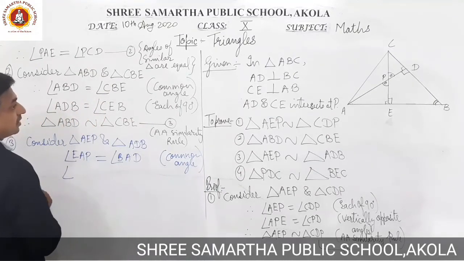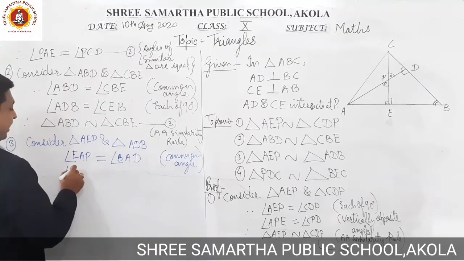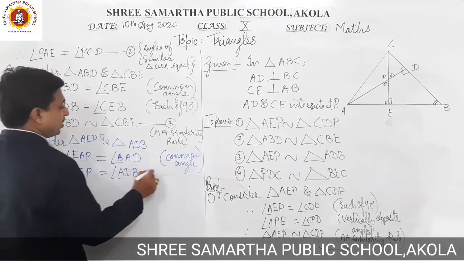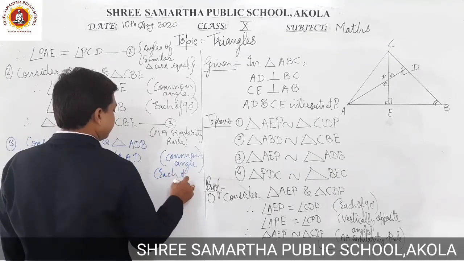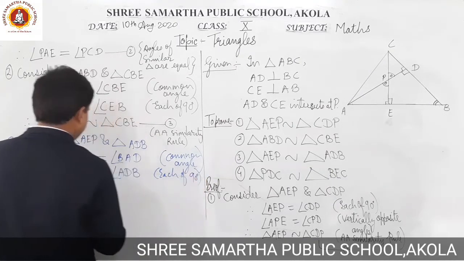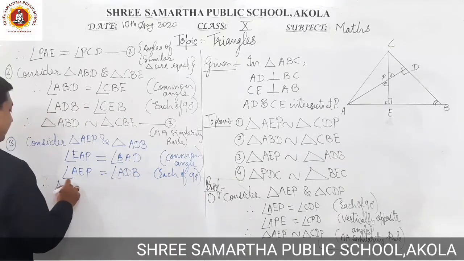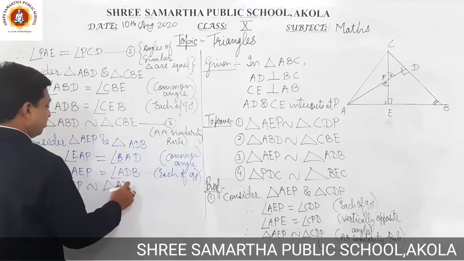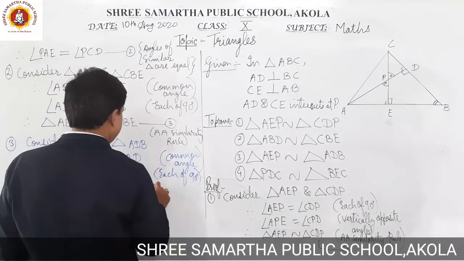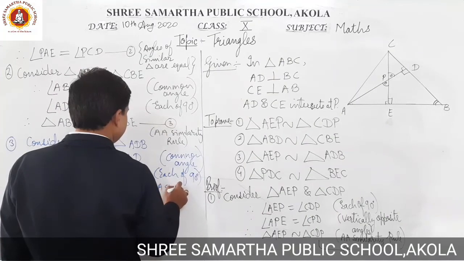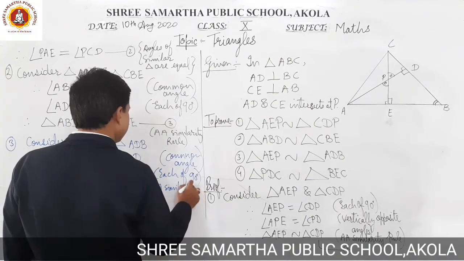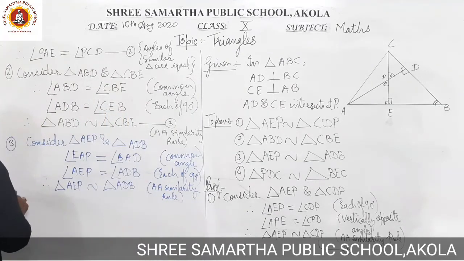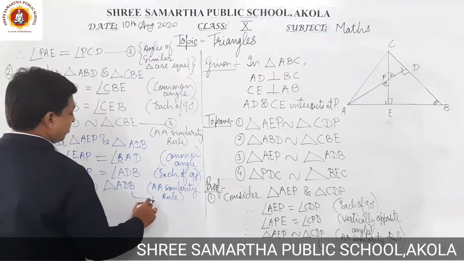And second is the angle of 90 degrees. Angle AEP is equal to angle ADB, each of 90 degrees. And therefore triangle AEP is similar to triangle ADB by AA similarity rule. This will be equation number 4.